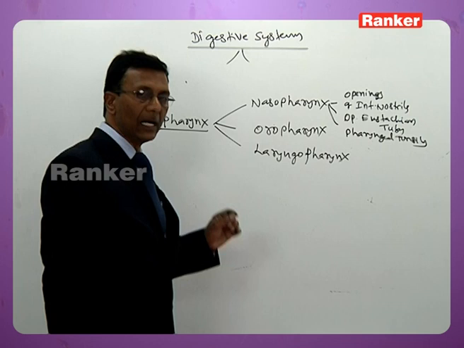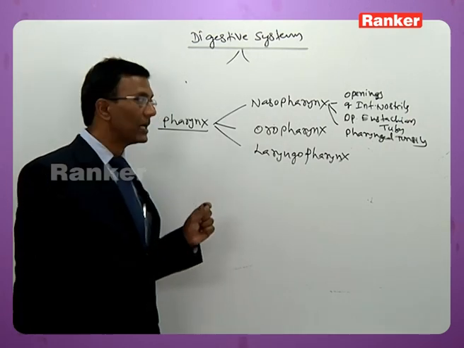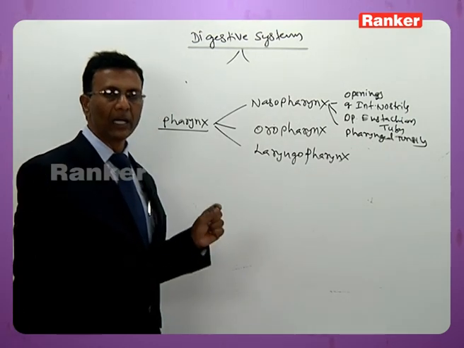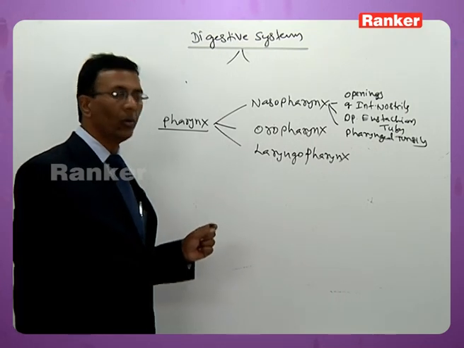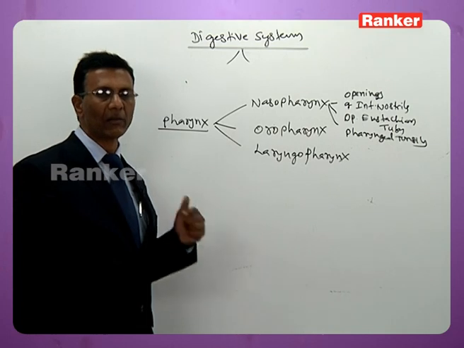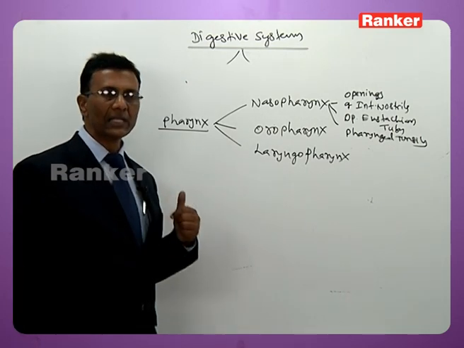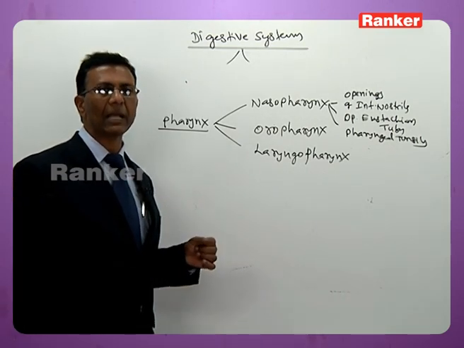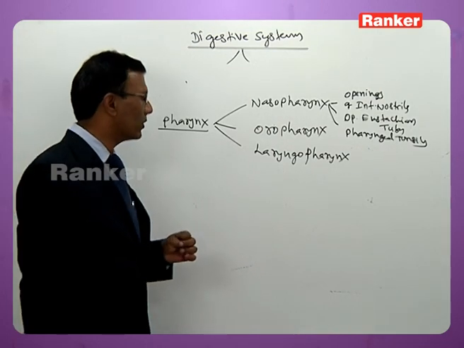So this is again an important NEET point. What are the components of the nasopharynx? Number 1, internal nostrils. Number 2, openings of eustachian tubes. Number 3, pharyngeal tonsils. All of them are present in the nasopharynx, the part of the pharynx that lies above the soft palate.